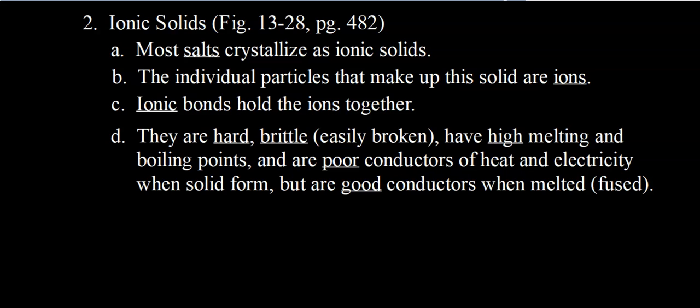They are hard because of these strong attractive forces. However, they are brittle. Ionic solids are brittle, which means if you smack them with a hammer, unlike a metallic solid that will bend, an ionic solid will shatter. If you go back to page 490, it shows you just that, the difference between smacking a metallic solid with a hammer versus an ionic solid with a hammer.